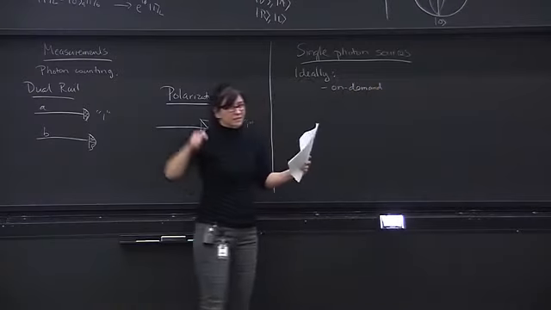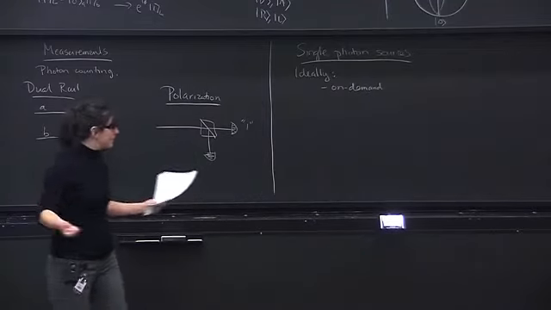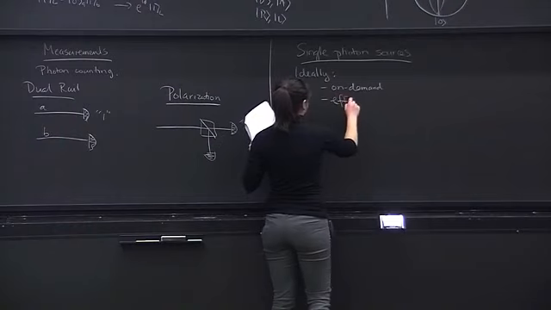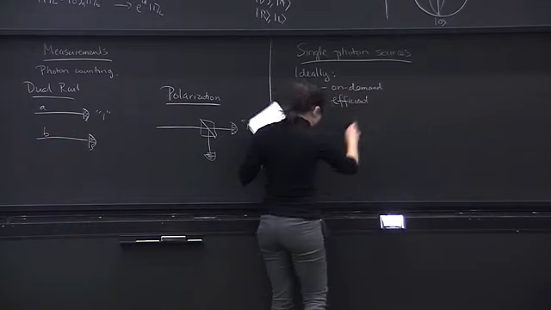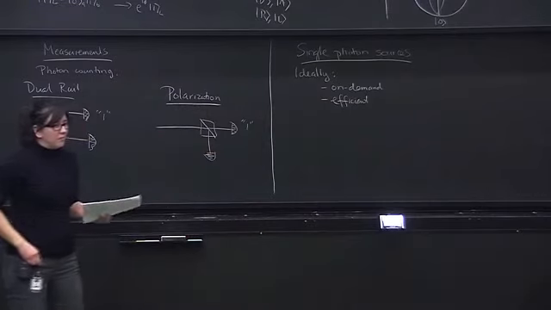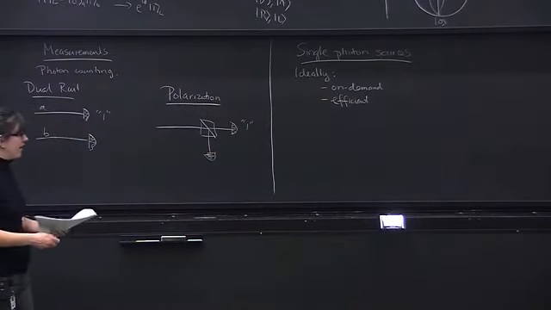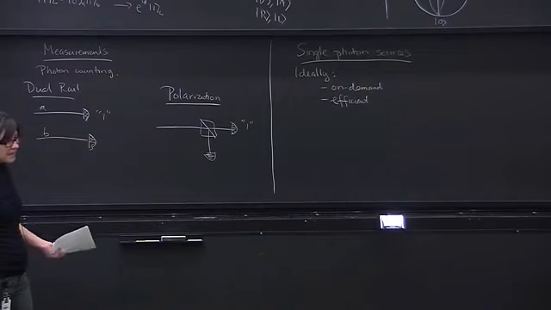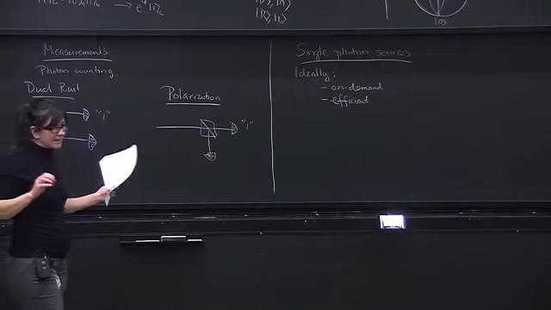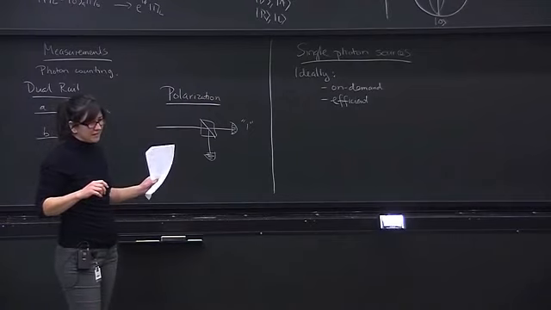It'd be great if you could just press a button and have a photon come out. We want it to be efficient, meaning that it comes out when we tell it to. Not in the complexity class sense of efficient.